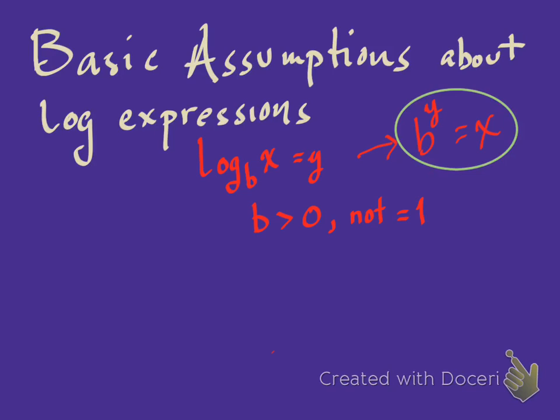And why does it have to be positive, you may be asking? Well, that's because also you could have a negative number raised to a power. It's not illegal to take a negative number and raise it to a power. So why couldn't a log have a negative base? Well, it's a really interesting question. I encourage you to explore this on your own. All I'm going to say here is that for a logarithm having a negative base, sometimes it's going to give you a real number, and some other times it's going to give you an imaginary number.